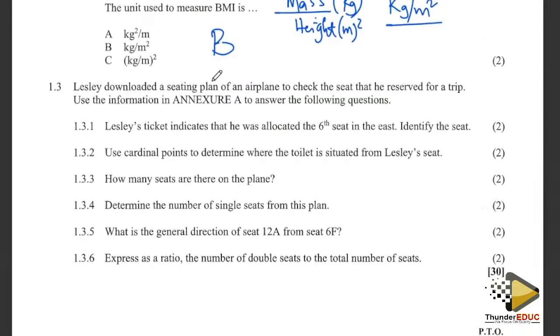1.3. Let's download the seating plan of a plane to check the seat that you reserved for a trip. Use the information in annexure A to answer the following questions.